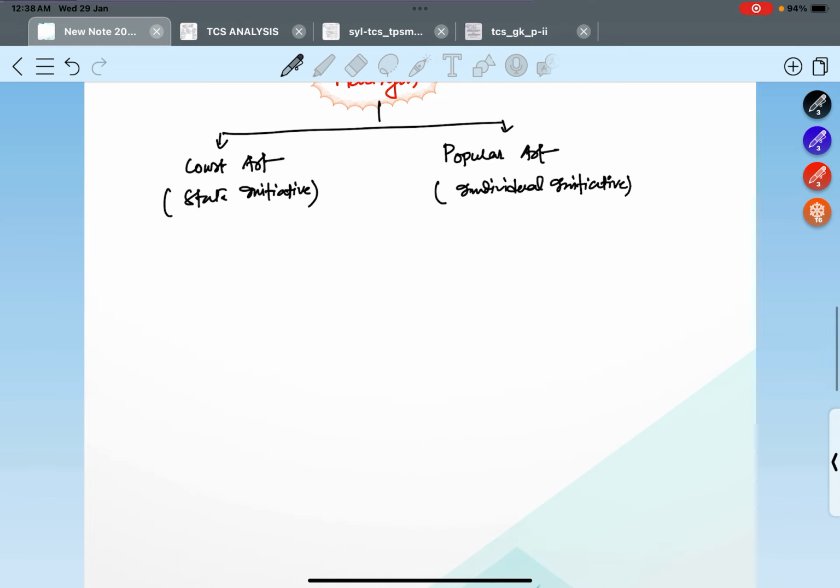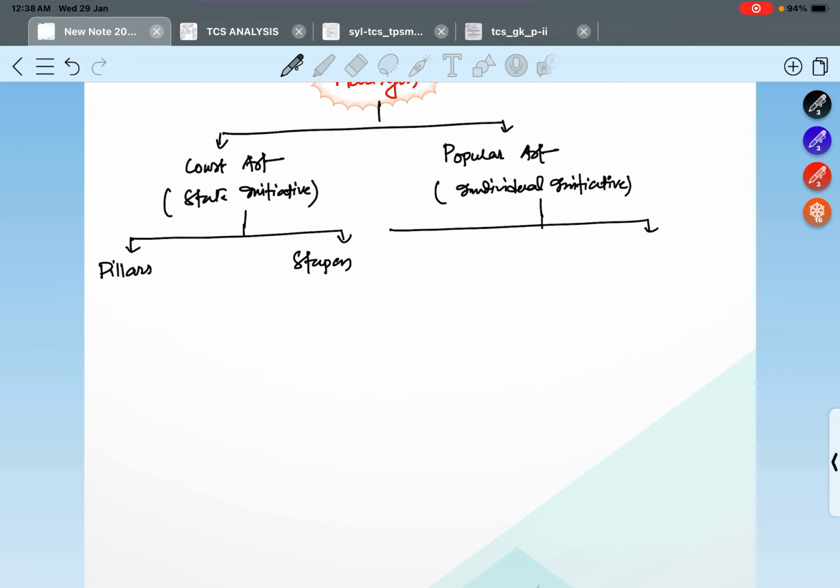Now popular art is also of different types, for example pillars, stupas. In the same way, individual art is also of different kinds, like sculptures, caves, pottery. Now you have to read one by one, every topic: pillars, stupas, sculptures, caves, pottery, everything in detail.